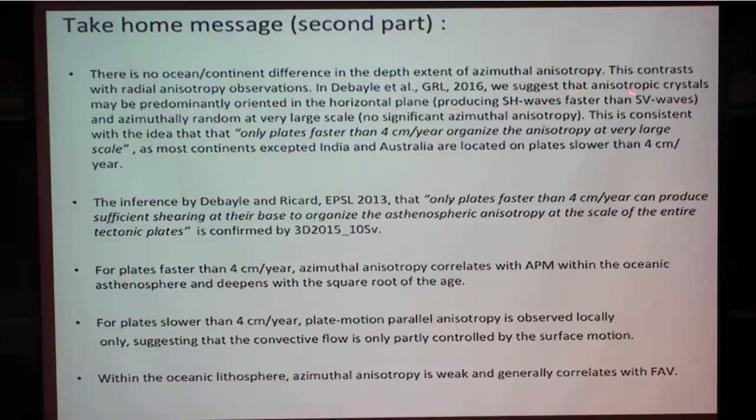This will produce SH faster than SV and be azimuthally random at very large scale. And in this case, you will not have significant azimuthal anisotropy. This is consistent with the idea that only the fast plates can organize the anisotropy at very large scale, because the only continents located on fast plates are Australia and India.